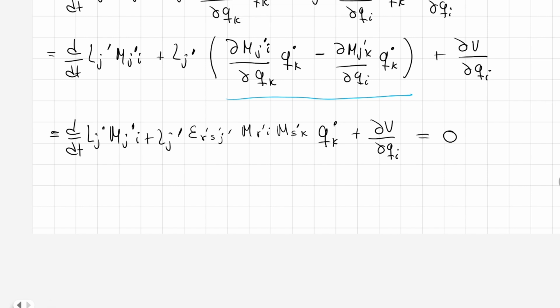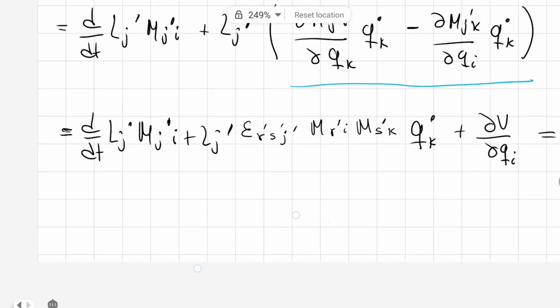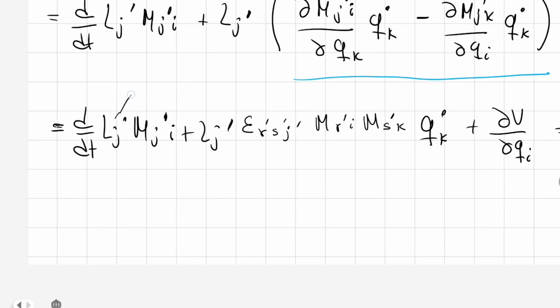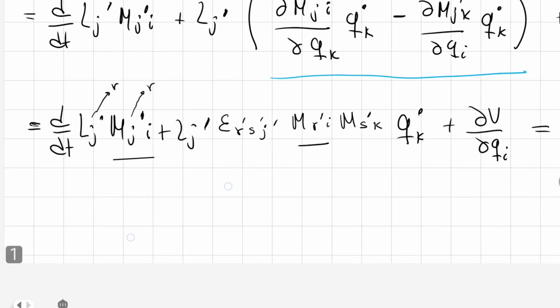By now, we are going to switch this j for an r, which is also going to change this j for an r. Remember, nothing changes. It is just a change of indices, just to be able to match this m with this m, okay? To be able to have m_ri as a common factor.